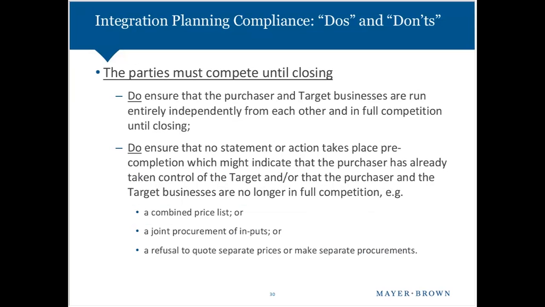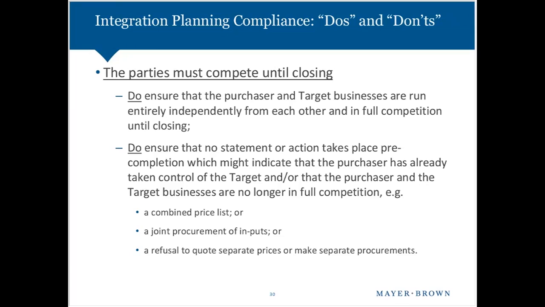As I said a moment ago, it's absolutely key that the parties must compete until closing, and in this context we've got one or two recommendations. Of course, the two businesses will need to be run entirely independently from each other and in full competition.